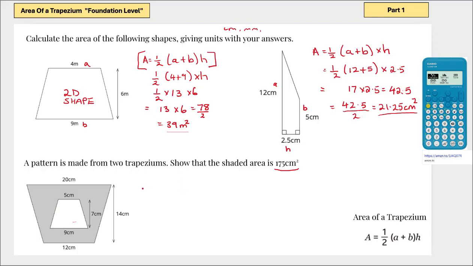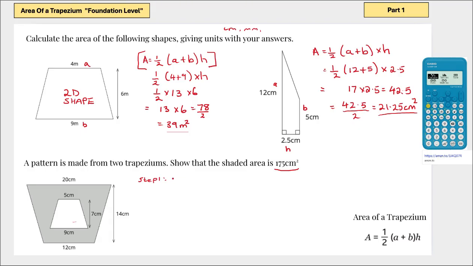So there's, I'd say, 3 steps. Let's do step 1. Let's work out the size of the larger trapezium. Let's work out the whole of the trapezium. And to do that, we know we've got to use the formula.